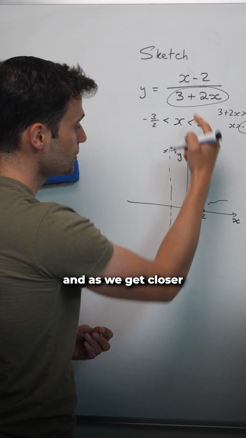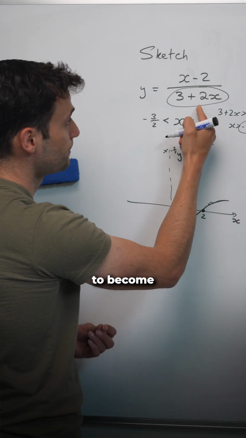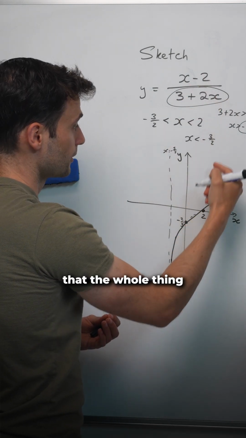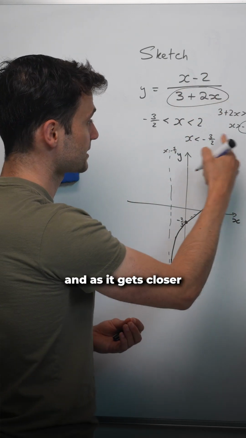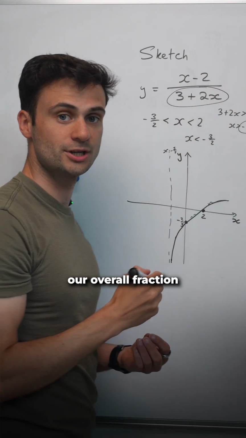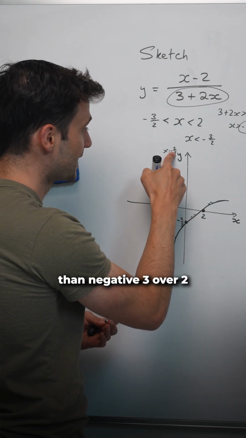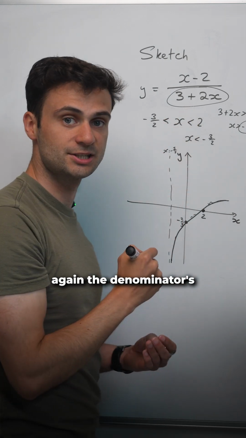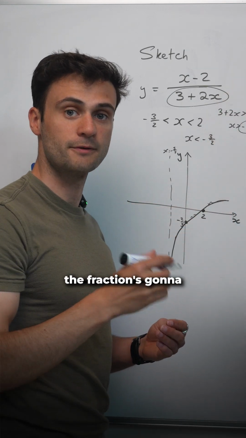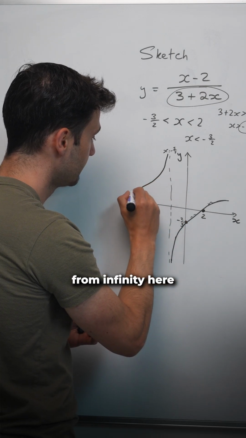And as we get closer to this asymptote from the positive direction, our fraction is going to become a very big negative number because we worked out that the whole thing is going to be negative, and as the denominator gets closer to 0, our overall fraction is going to get much larger. And when x is slightly less than negative 3 over 2, again the denominator is going to be close to 0, but now because both the numerator and the denominator are negative, the fraction is going to be a very large positive number, and so it's going to come down from infinity here.